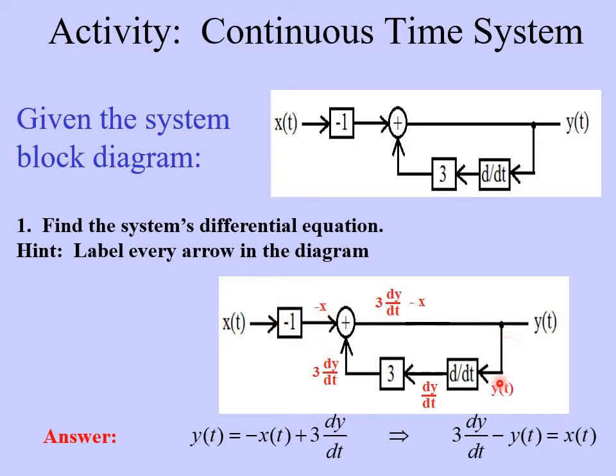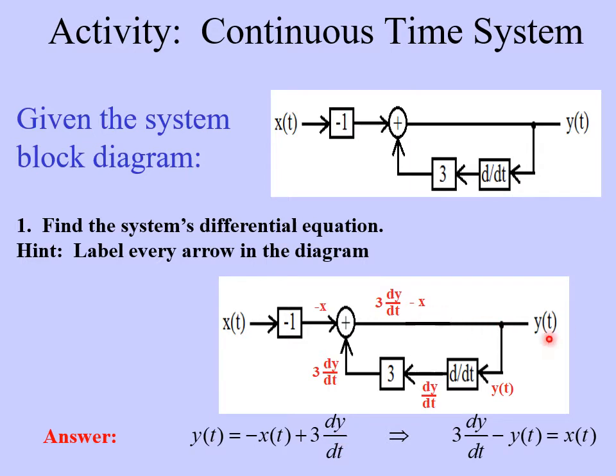I have y over here, it goes through a differentiator, so this is dy/dt coming out, it's multiplied by 3, so this signal here is 3 dy/dt, and that gets added to negative x. So what comes out of the adder here is 3 dy/dt minus x, and that must be equal to y. So I've got y is equal to minus x plus 3 dy/dt.